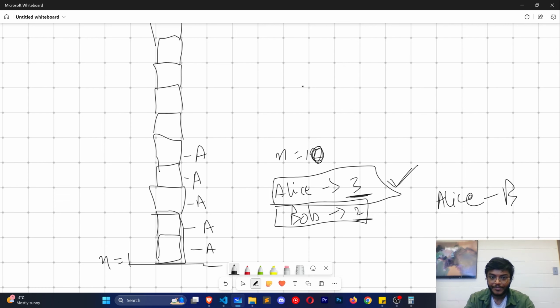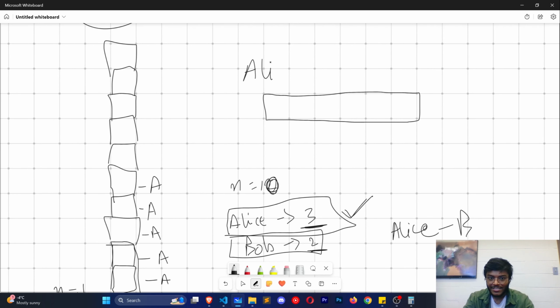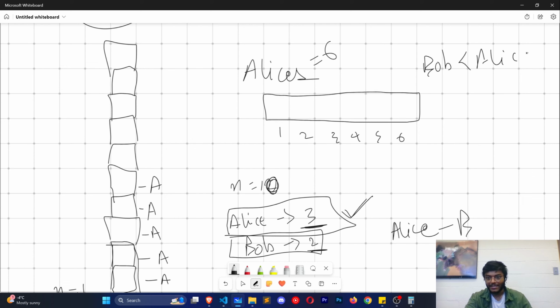See, these are Alice's turns. So 1, 2, 3, 4, 5, 6. Let's say Alice can remove 6 stones from the pile, and Bob is less than Alice. So Bob can remove fewer stones than Alice.